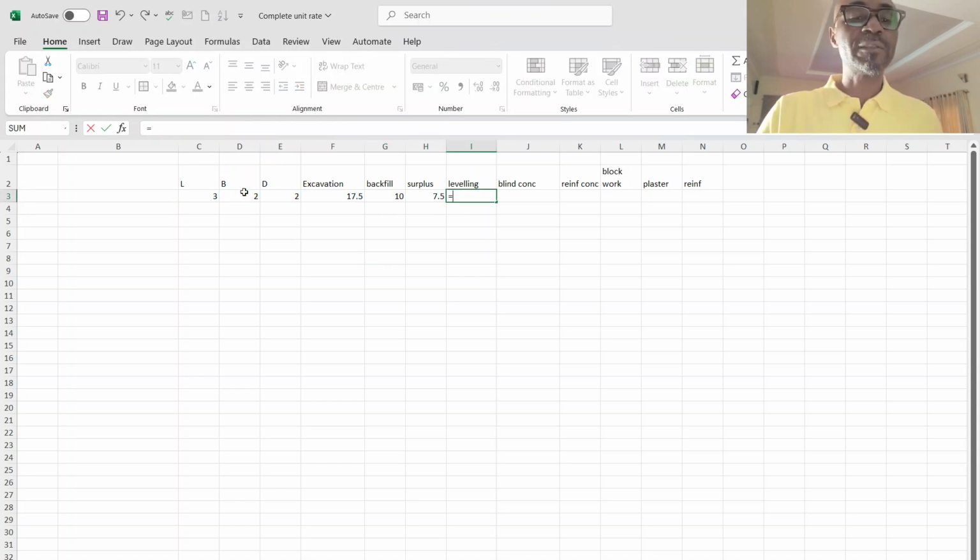Level and compacting is this minus this times breadth.